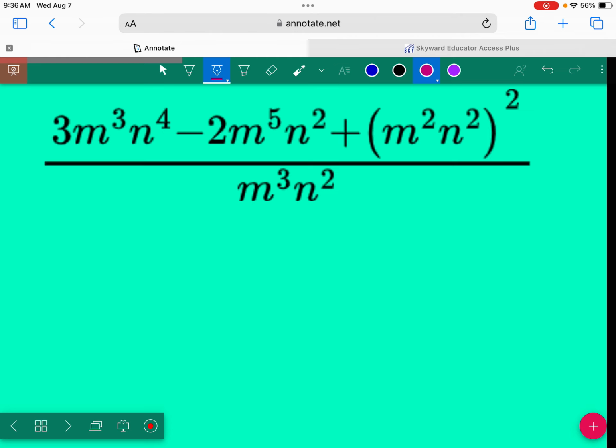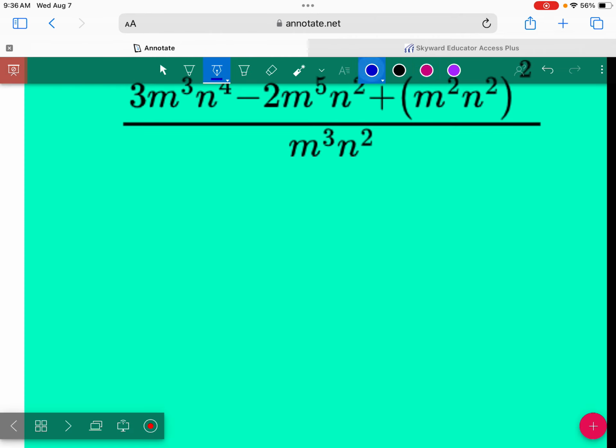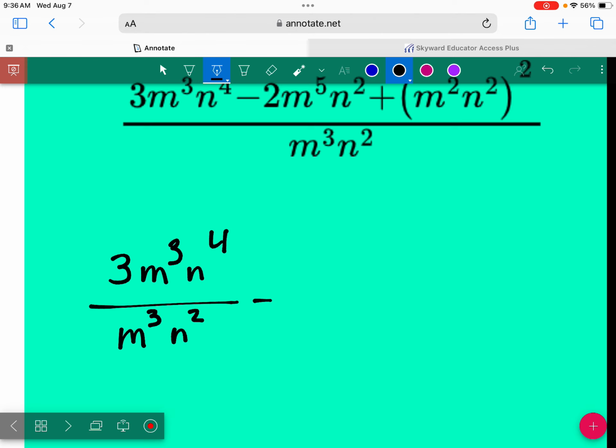So we're going to break it apart into our separate pieces here. We've got our 3m cubed n to the 4th over m cubed n squared. And then we're going to have our 2m to the 5th n squared over m cubed n squared.